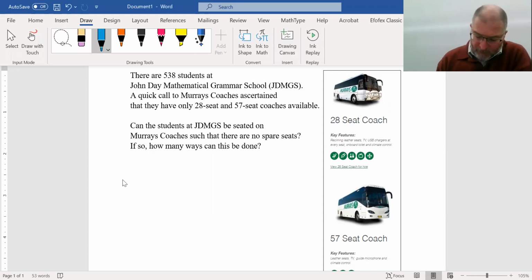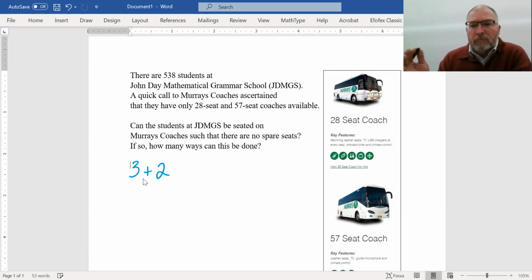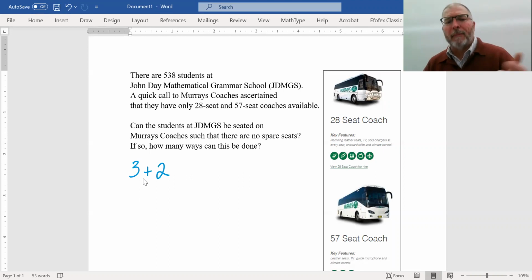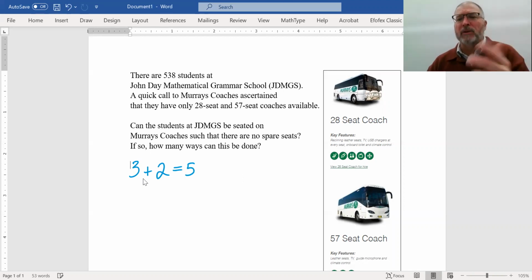If I have a couple of integers like, say, 3 and 2, a couple of positive whole numbers, if I add them together, what must happen? What type of number must I get? I must get another positive integer, right?